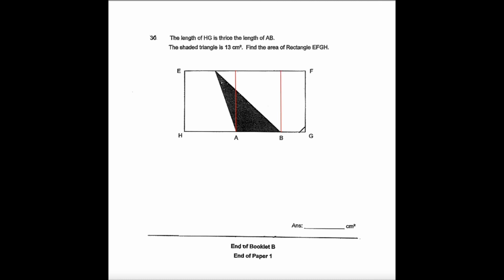Okay, so basically this area of the rectangle equals 13 times 2, okay, which is 26. Okay, because it's 2 times the area of the rectangle that shares the same breadth and height.